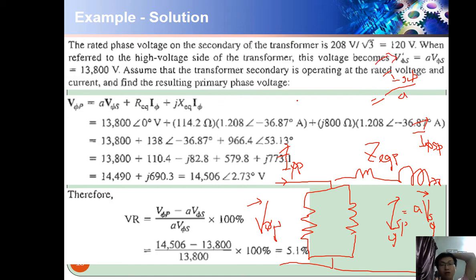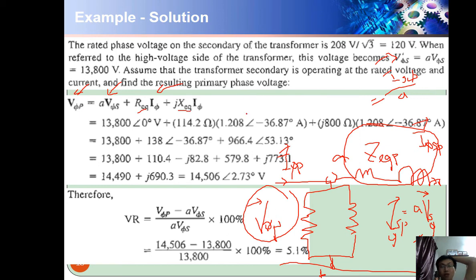Okay, so when I find the voltage across AB, this is my B phase primary side, which is here. Then my AB phase secondary side is this one, plus the voltage drop across here, which is I phase times R equivalent, X equivalent.